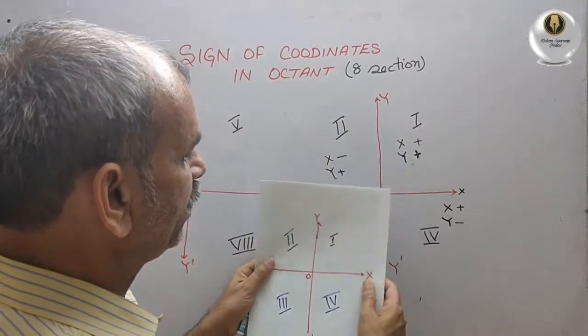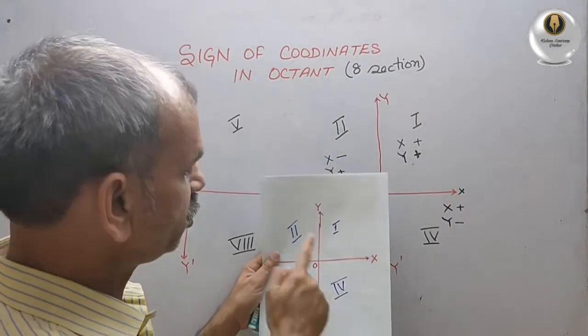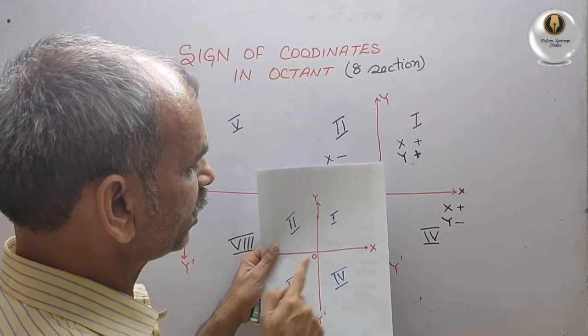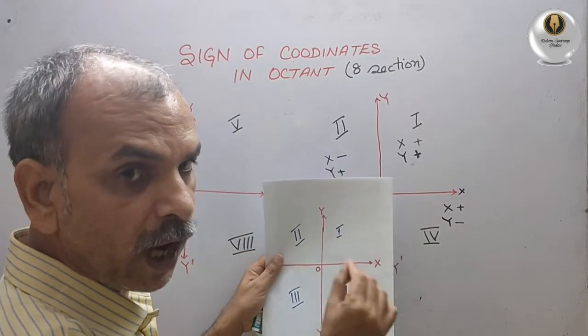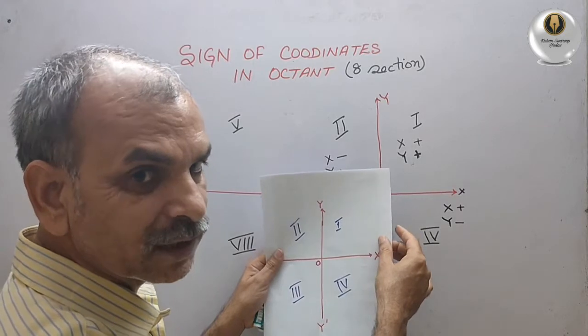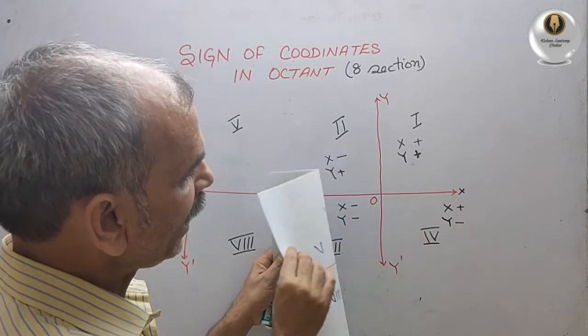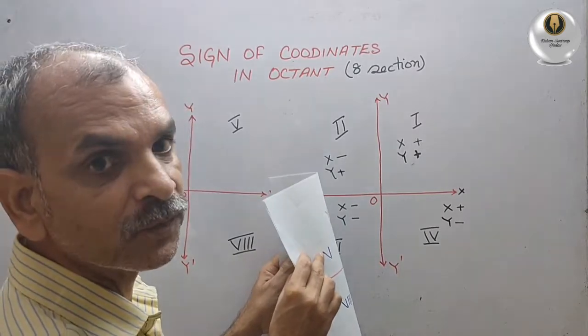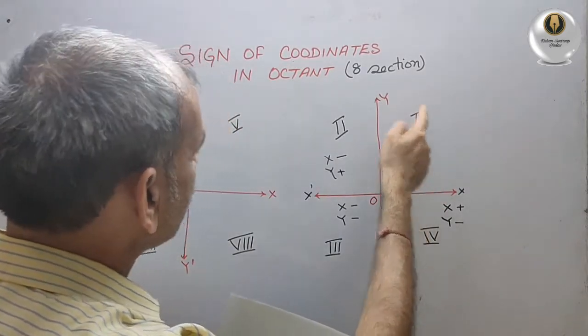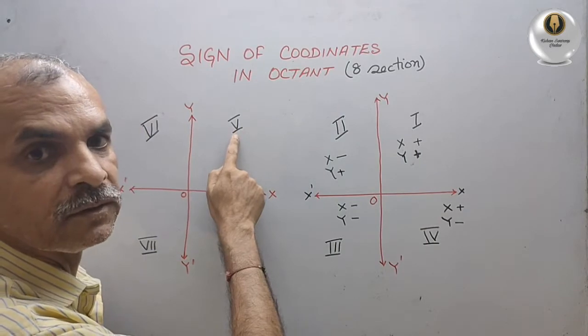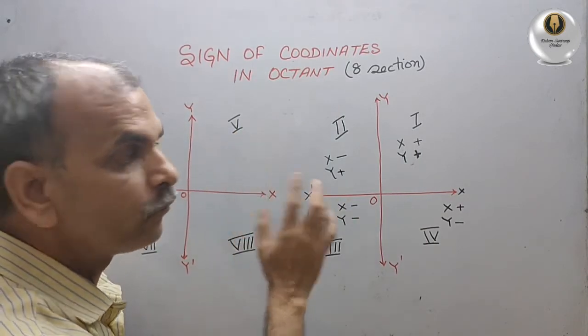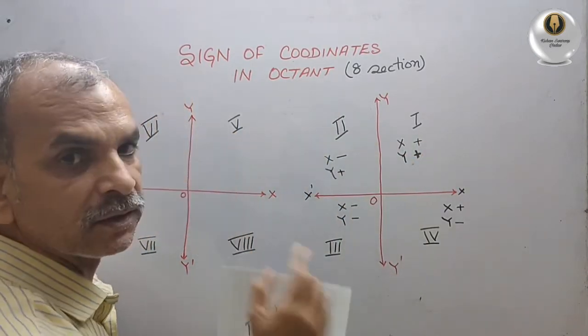You can see here, this is your first quadrant, second, third and fourth. Now if you reverse it, you can see one is here and here comes 5th. That means one lies behind the 5th.